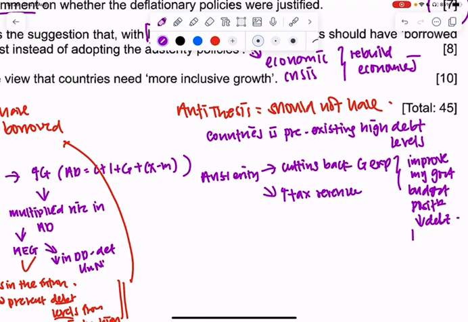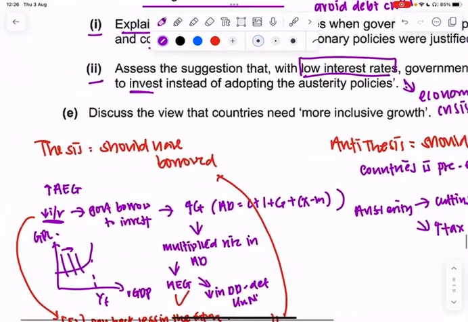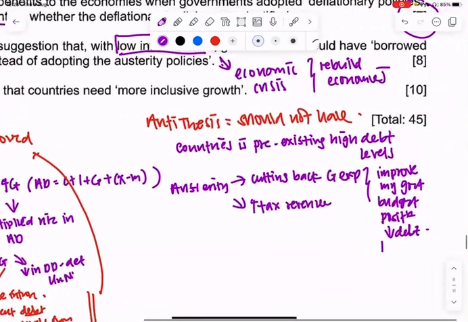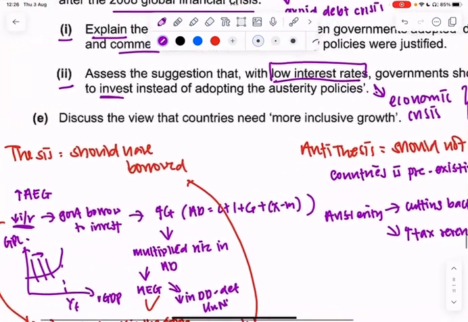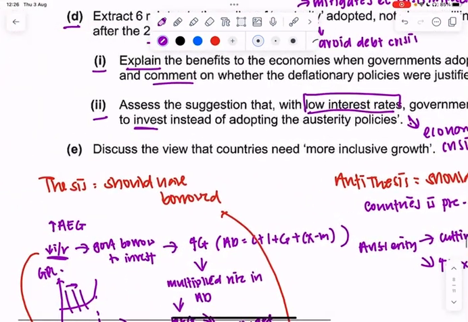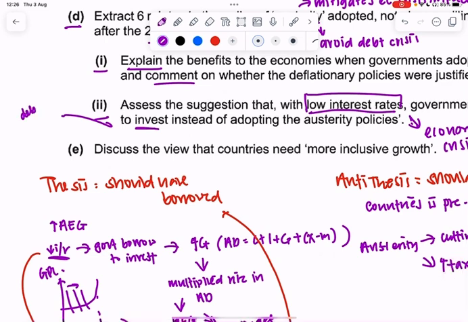I need to reduce my debt levels before I even think about borrowing to invest, for the very simple reason that in the long run, even if I manage to invest a lot by borrowing, two things will happen. One, my debt levels will be very, very high. And two, I will have very little to no consumer or business confidence precisely because my debt level is very high.